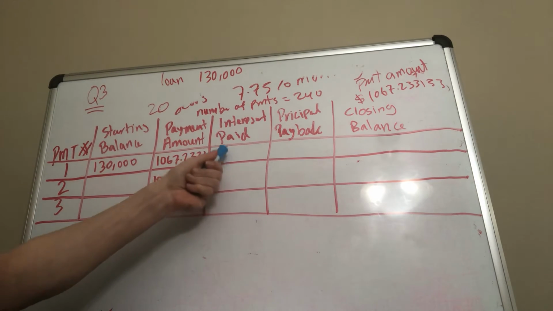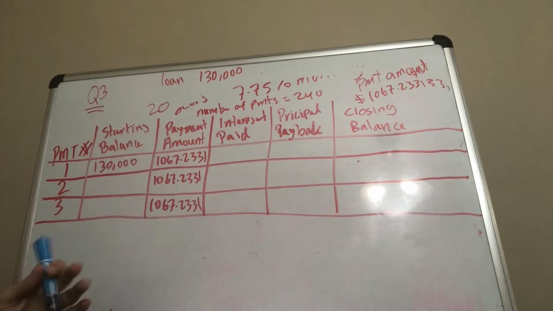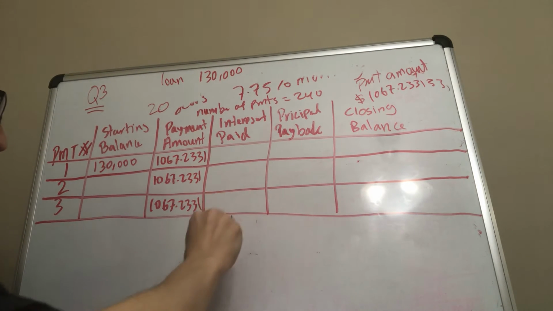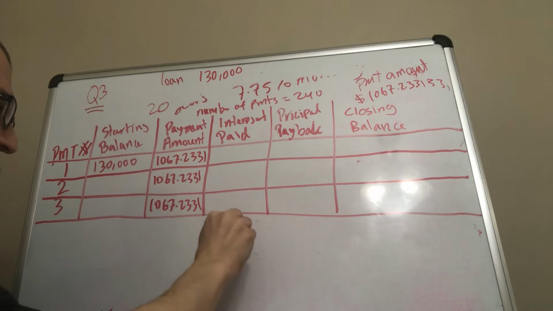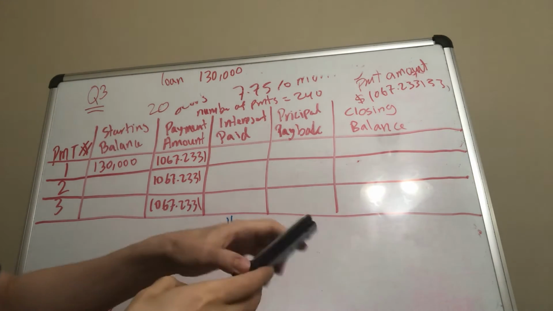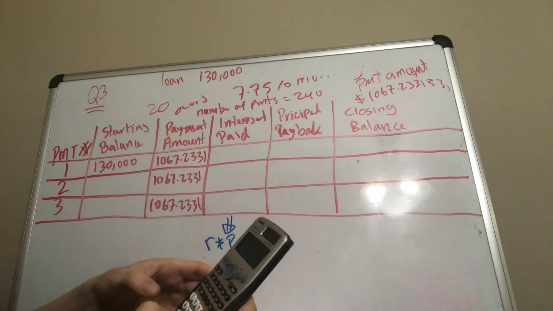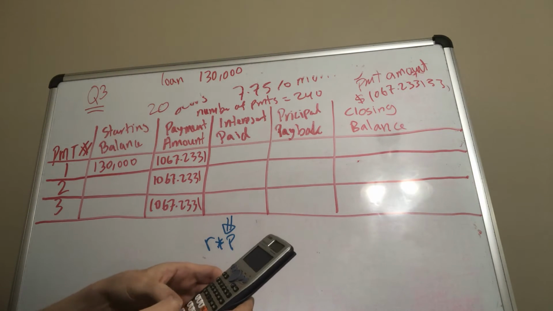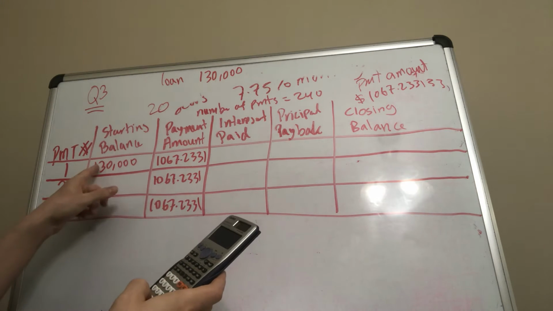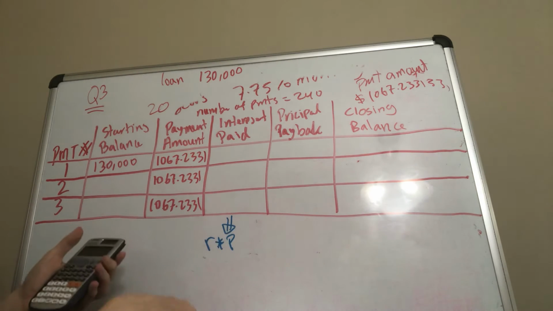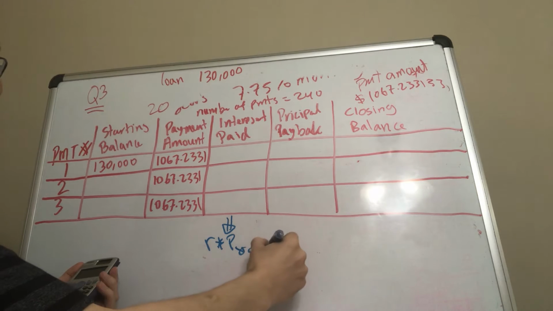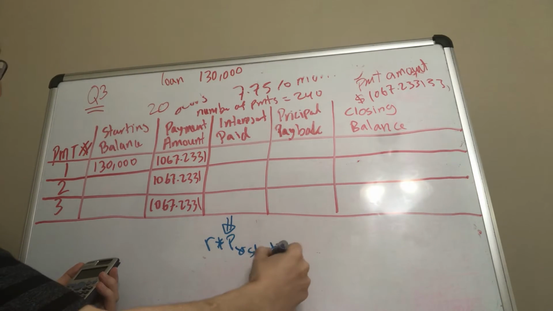Now, some of this is interest and some of this is to pay back. The interest amount is always R times P. So you take the R, which is the 0.006, the one we just wrote, times the P, and P would always be the starting balance for you.